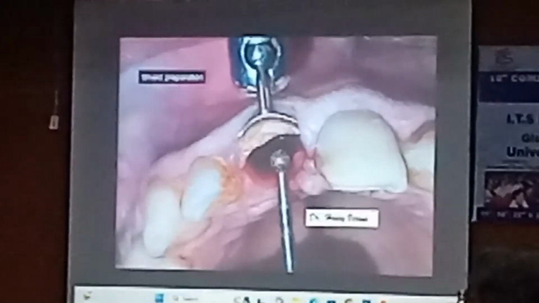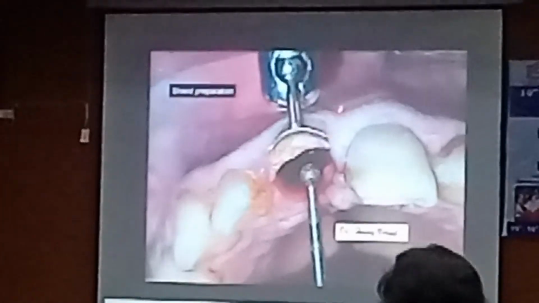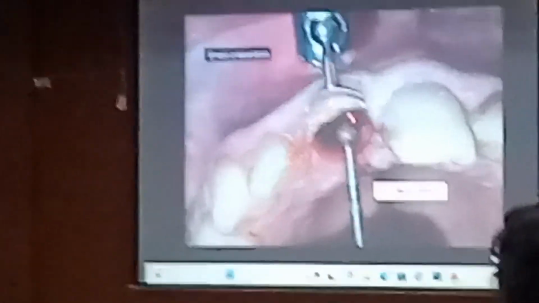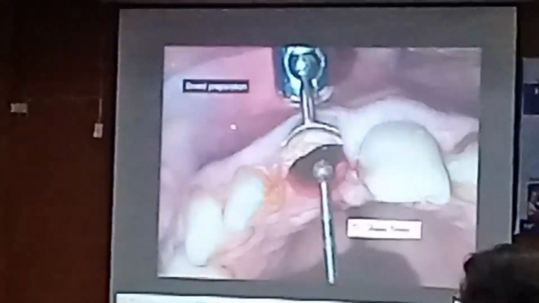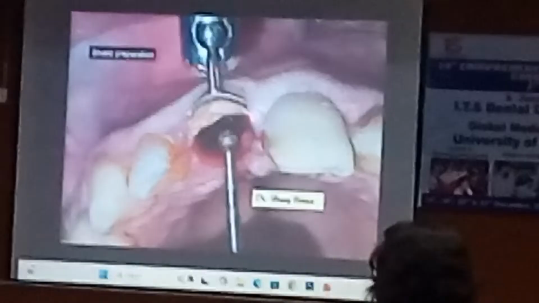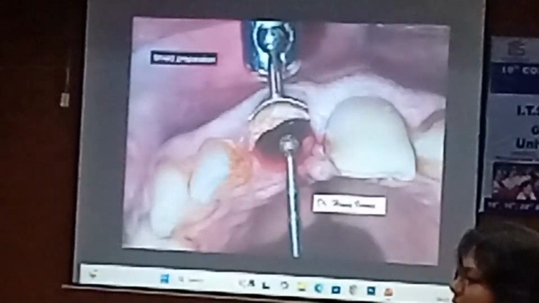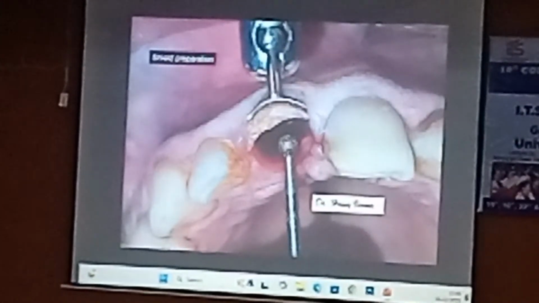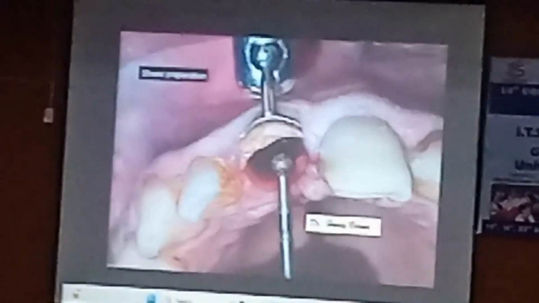It's a hand-driven instrument which allows you to stabilize the remnant part of the root, and you can take a normal round diamond burr and shave this remaining part of the root, right? So it's not the entire root which is to be prepared. It is only the buccal and coronal part of the root which stays in the socket.